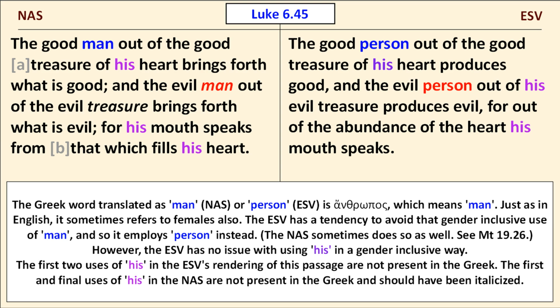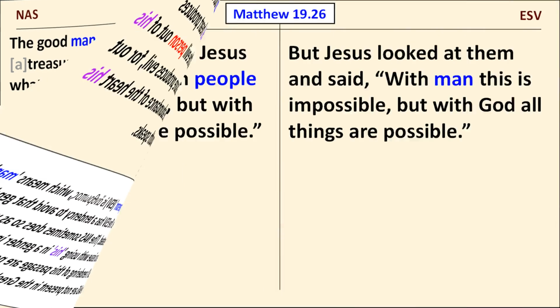Just as in pre-1970s English, it sometimes refers to females also. The ESV has a tendency to avoid that gender-inclusive use of "man," and so it employs "person" instead. But notice that the ESV has no issue with continuing to use the pronoun "his" in a gender-inclusive way.